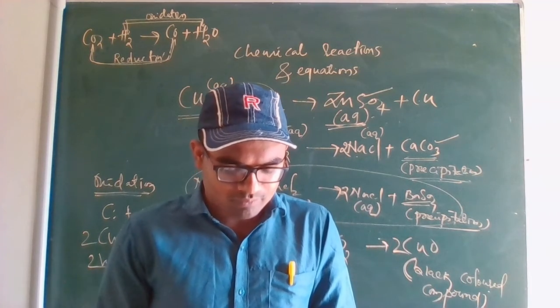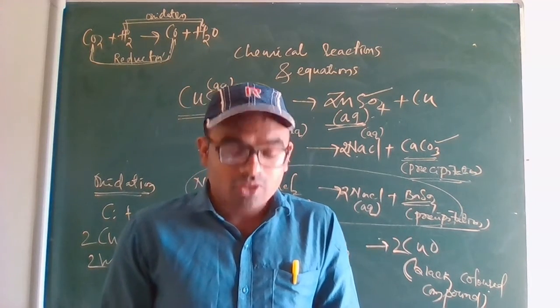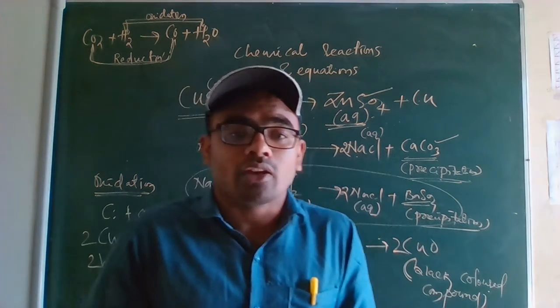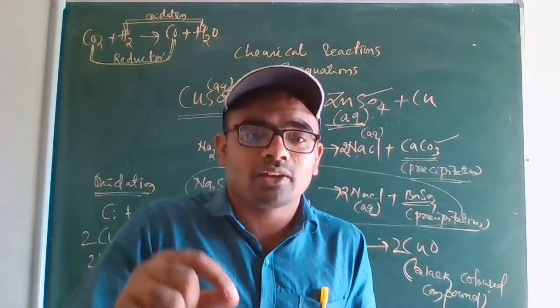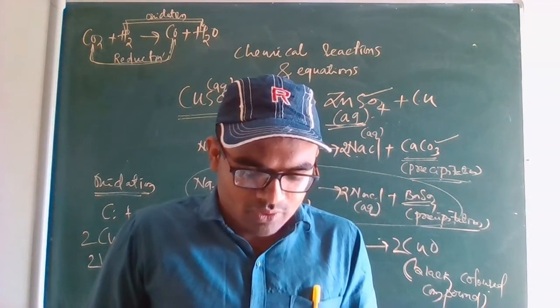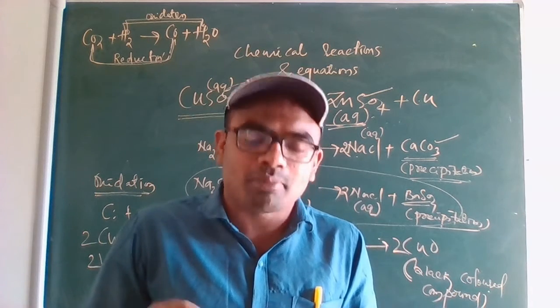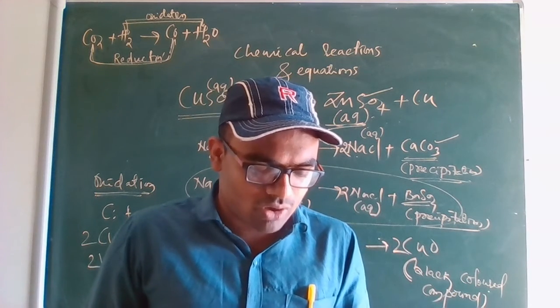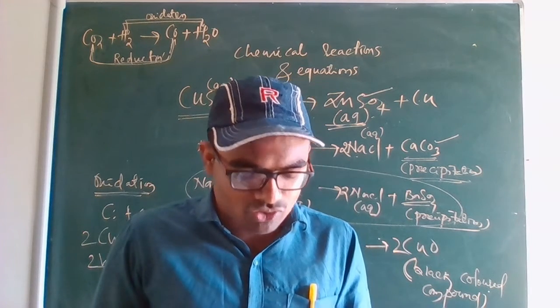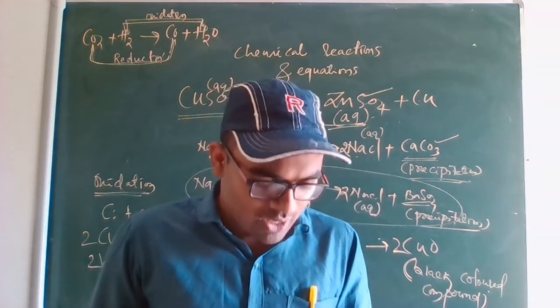Next one is rancidity. The process of oxidation of fats and oils, due to which bad smell comes from the food, is called rancidity. The process of oxidation of fats and oils that can be easily noticed by the change in taste and smell is known as rancidity.